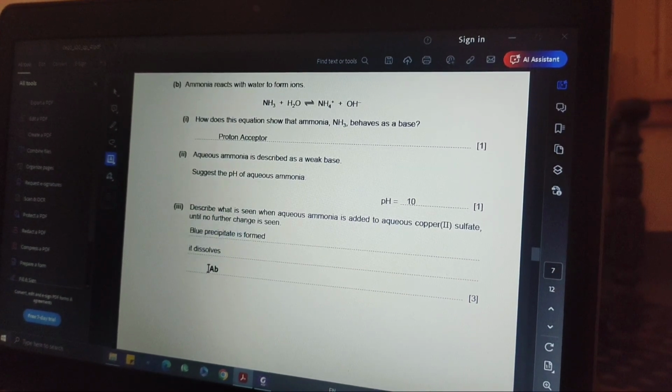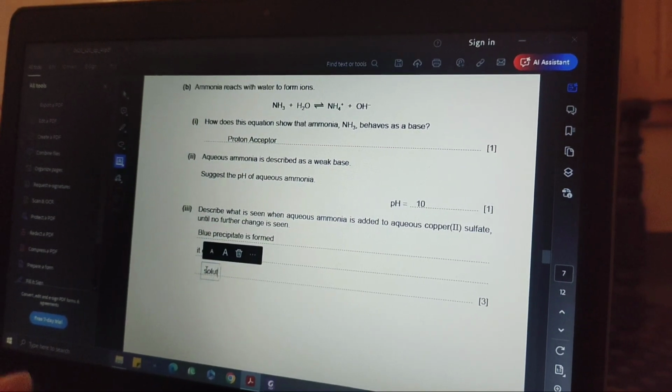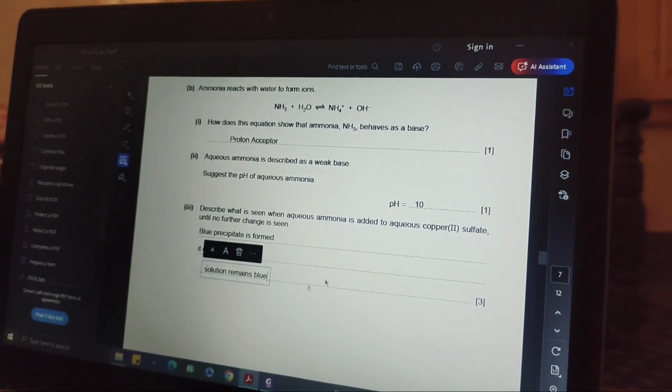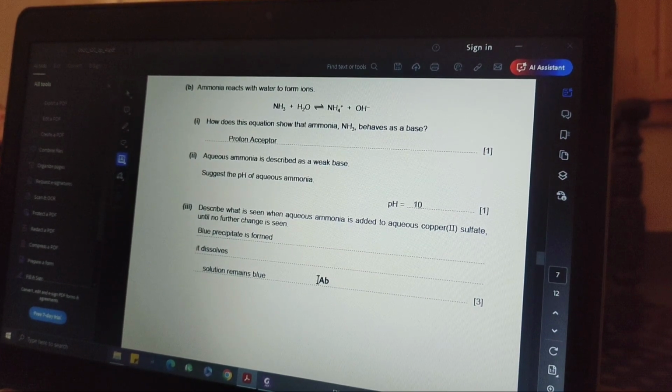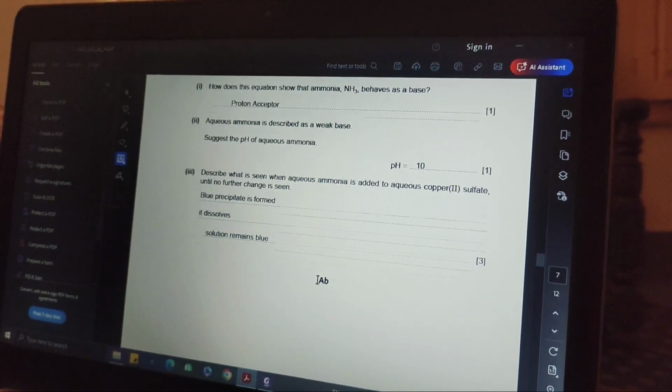And the last part, no further change is seen. So the solution remains blue. There will be no further change after dissolving the blue precipitate, so the solution will be staying blue.